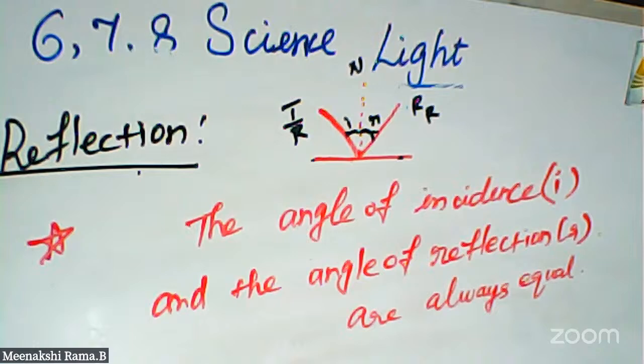The laws of reflection are also important. Next, with the help of the simulation, we learned about the different kinds of medium, how the light is passed and how the light is reflected.